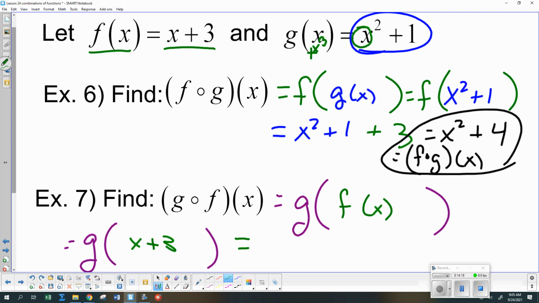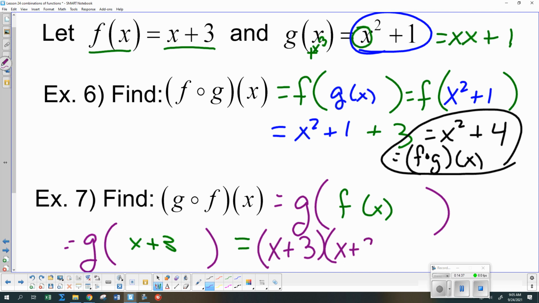This is not x squared plus 3. This was x times x plus 1. If I am changing every single x to an x plus 3, what I have right here is an x plus 3 times an x plus 3, and then I still have that other plus 1.